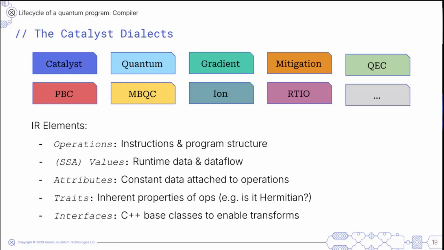And the nice thing is, it's fully expressible. You can add whatever you care about. You represent the instructions you care about. You get data flow and analysis out of the gate. Constants and data can be attached in a nice way to the ops. You can declare properties you care about, as well as having a nice C++ base class to enable the transforms.